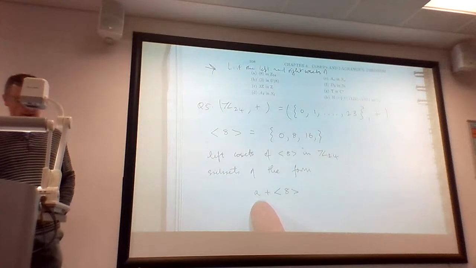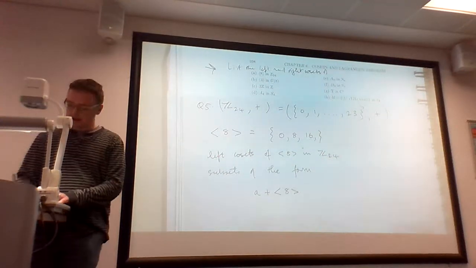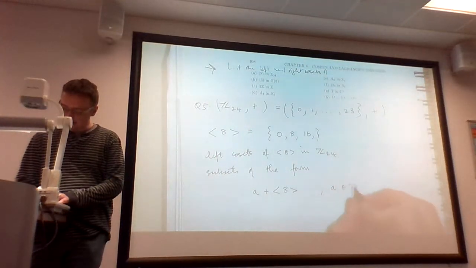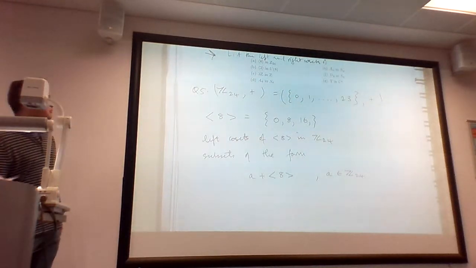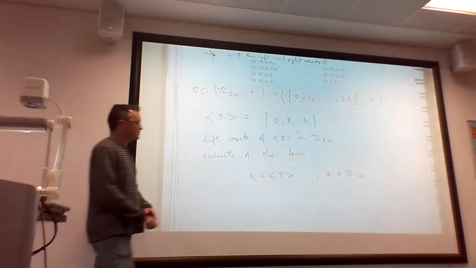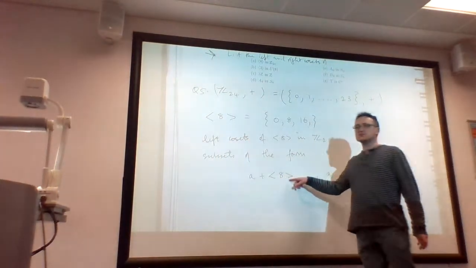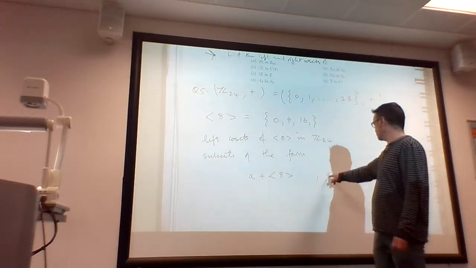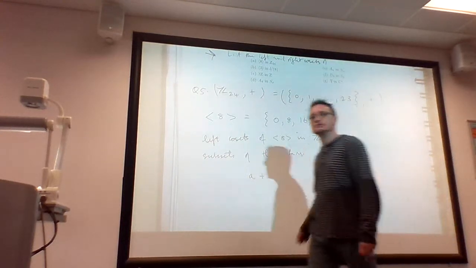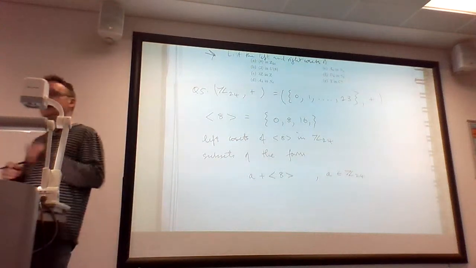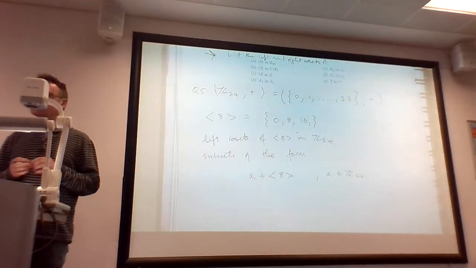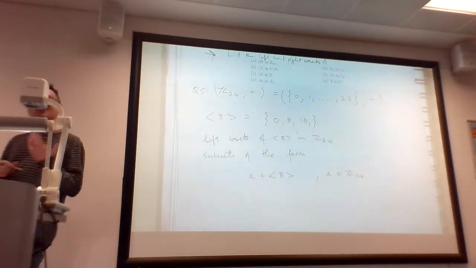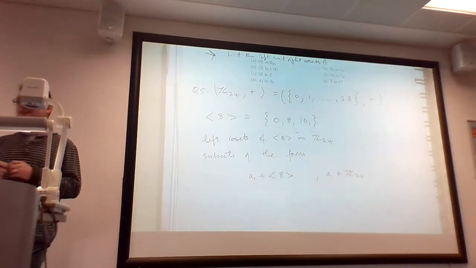So you've got the little element A plus the subgroup, where A is an element from Z24. So initially we've got 24 possible descriptions of these things, the 24 choices for A, the 24 elements. But how many left cosets are there actually? That's what we'd like to figure out here. I mean, we know ahead of time how many to expect.